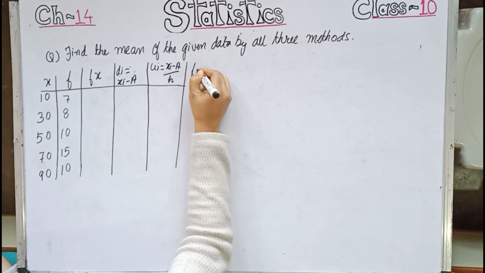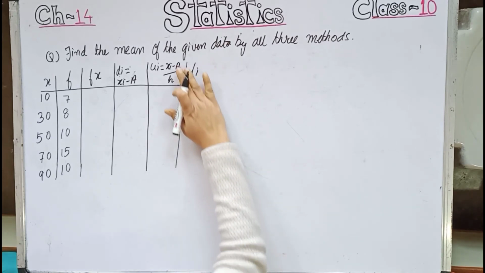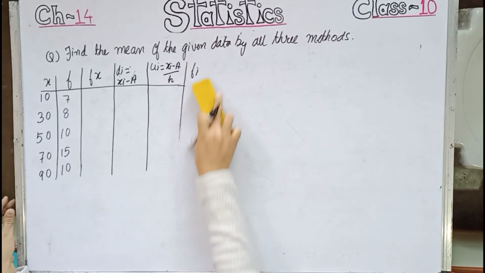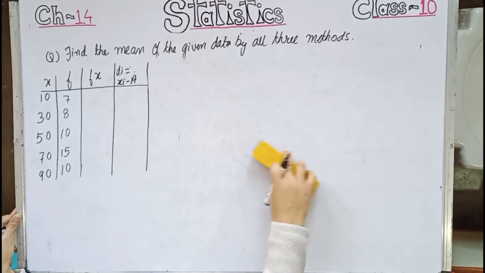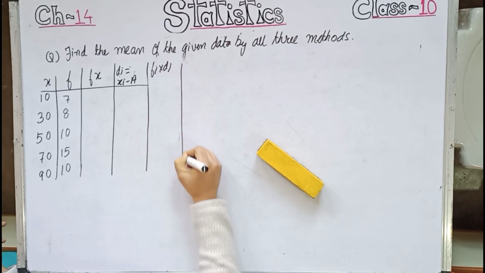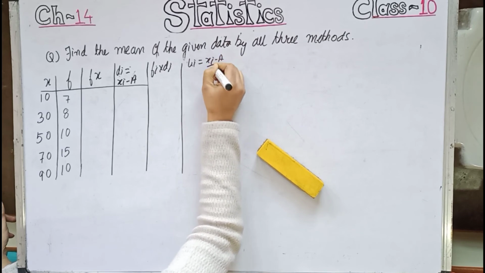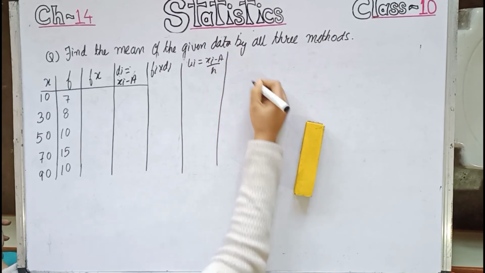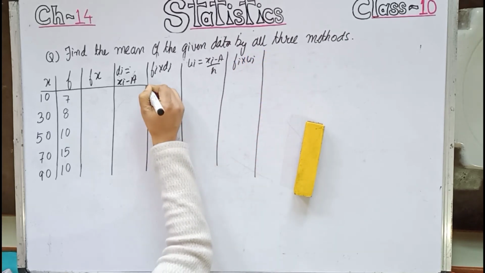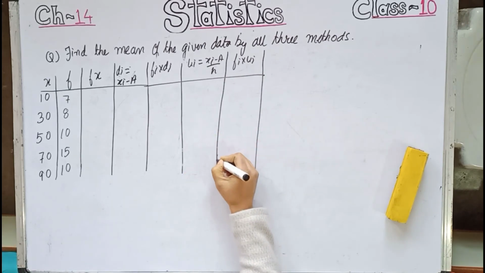First let us write fi into di, then ui equals xi minus a by h, then fi into ui. So with this data all three methods can be covered.